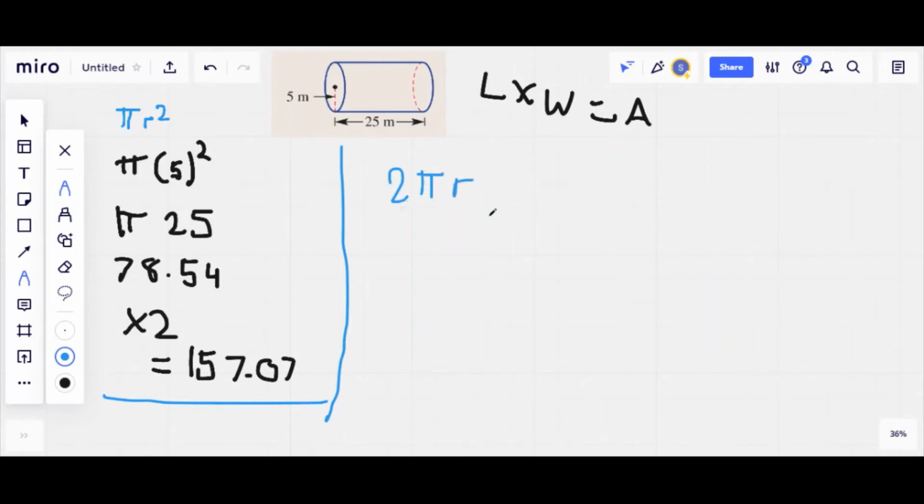Our radius is 5, so it'll be 2 times pi times 5, and that will be equal to 31.42.